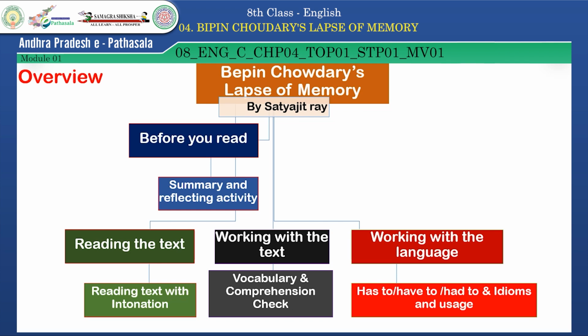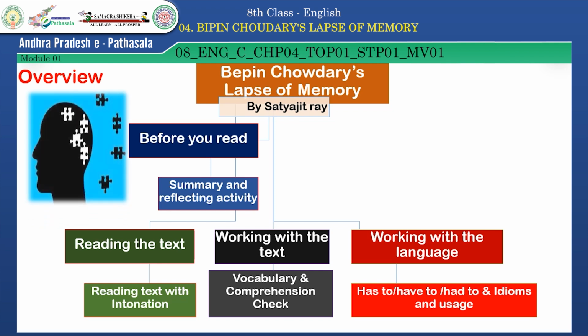Second, reading text for correct intonation and pronunciation. Third, working with the text, in which we are going to discuss the vocabulary, uses and comprehension check activities. Fourth, working with language, which deals with has to, have to and had to uses to emphasize the need of the situation, and a few idioms and their usage also.